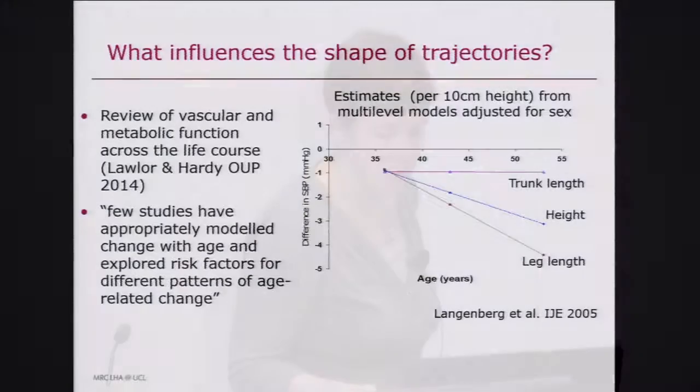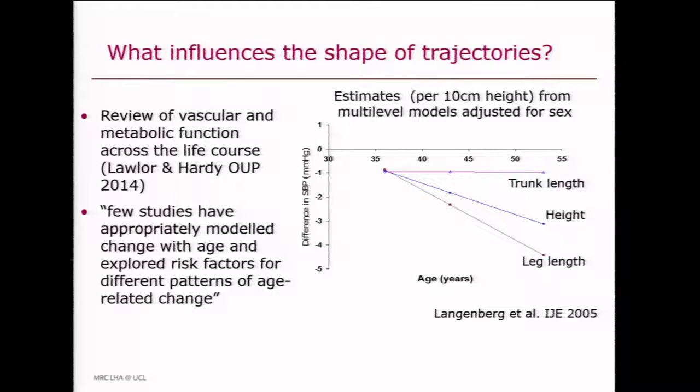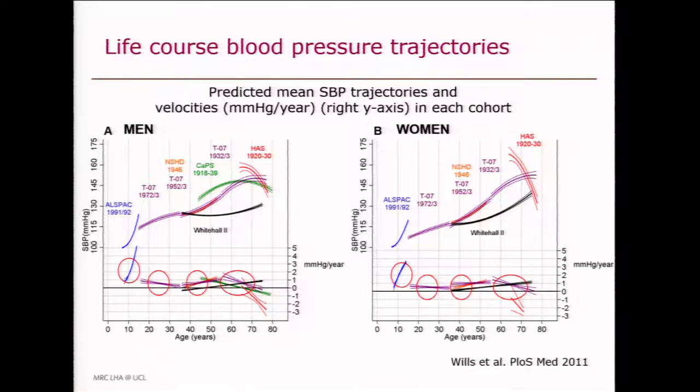We showed in the 2014 book on healthy aging, a chapter that I wrote with Debbie Lawler, that surprisingly few studies utilize their repeated measures of an outcome appropriately, and still it's not always modeled appropriately when they do. I think we could do a lot more to model the repeated data that we do have to look at the risk factors for age-related change.